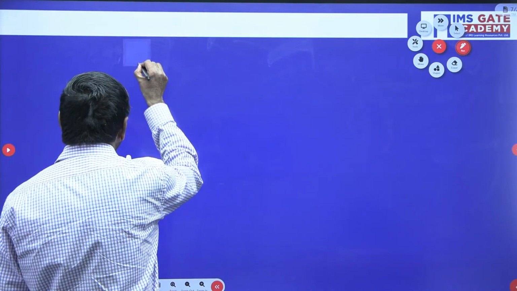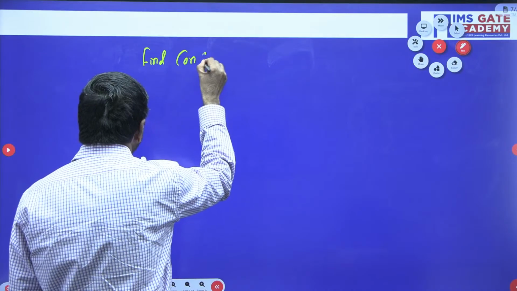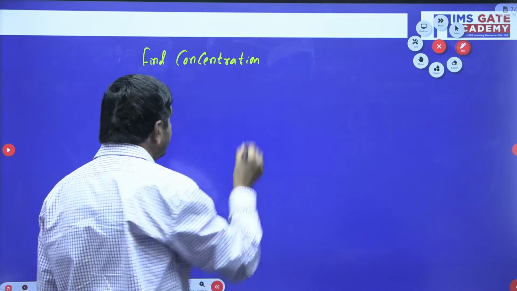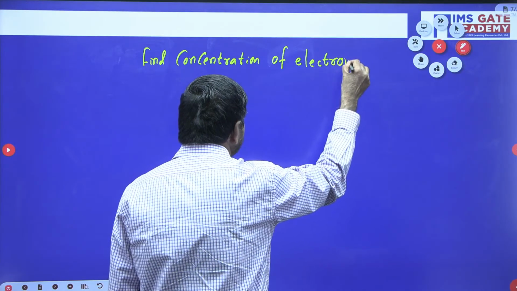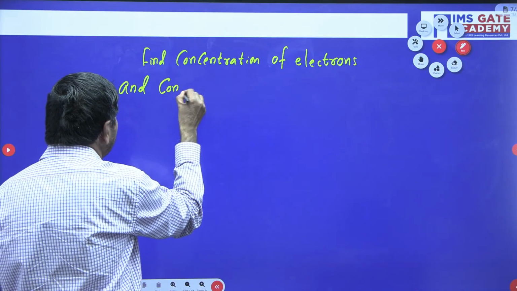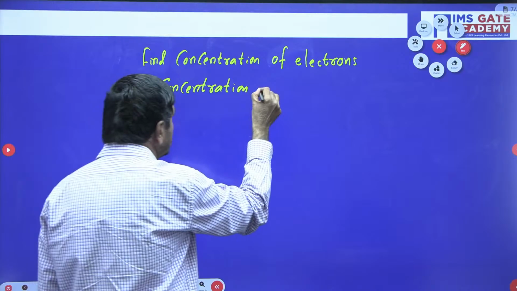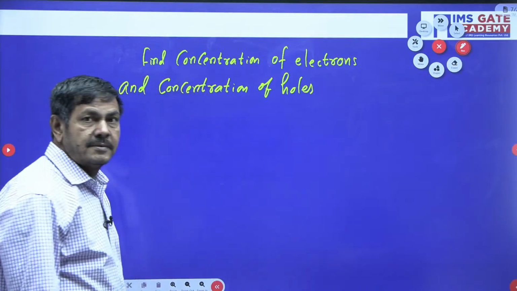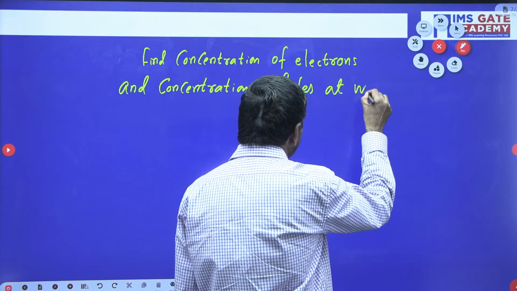Find the concentration of electrons and the concentration of holes at minimum conductivity.